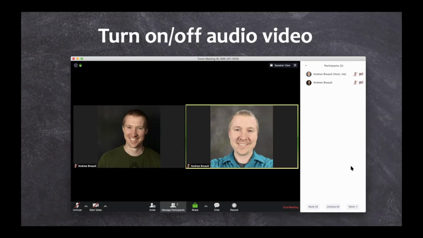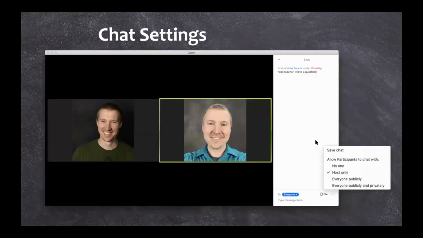And then if you click here on the chat, it's going to pull up your chat information over on the side. One of the questions I get a lot is, how do I manage that chat? Can people just chat to whoever they want? If you click right here on the little menu on the bottom, you get the option to say nobody can chat, or people can only chat directly to the host, or everyone can chat publicly, which means they can chat privately to the host, or they can chat to the whole group.